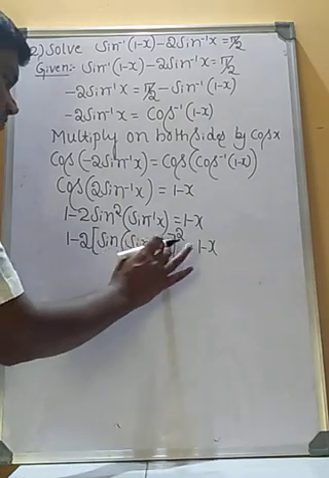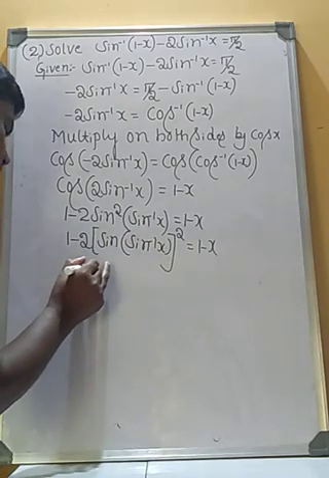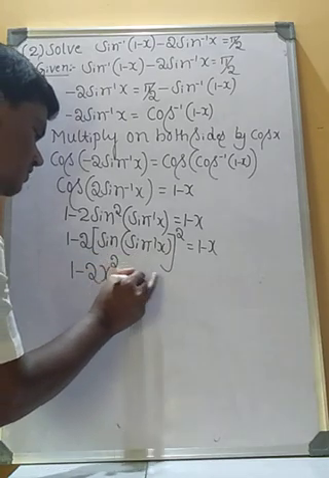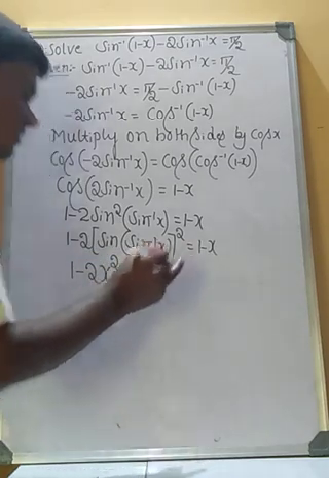Sine of sine inverse x is x, so 1 minus 2x square is equal to 1 minus x.